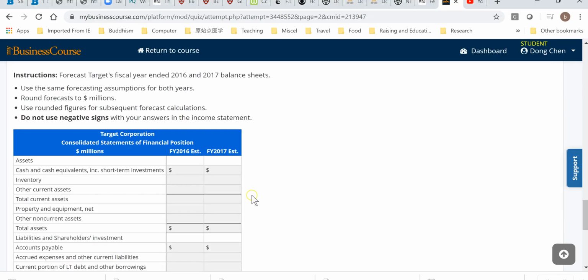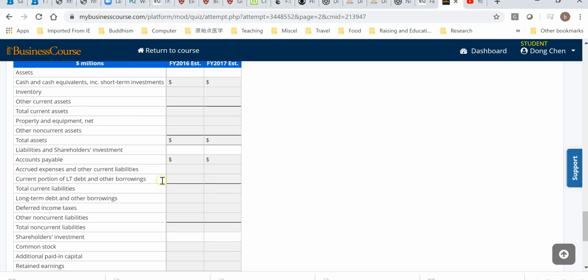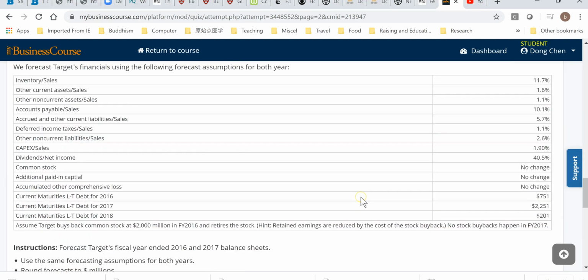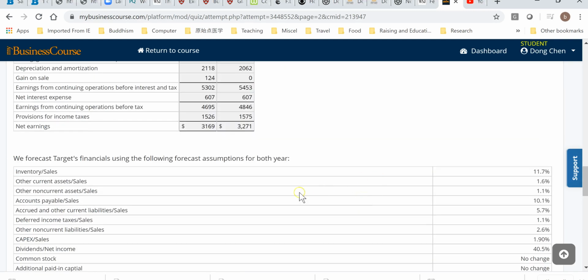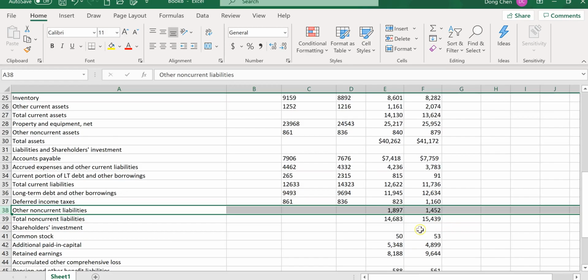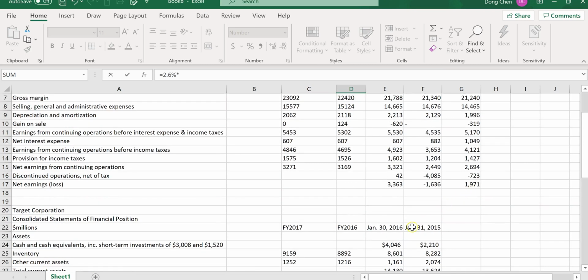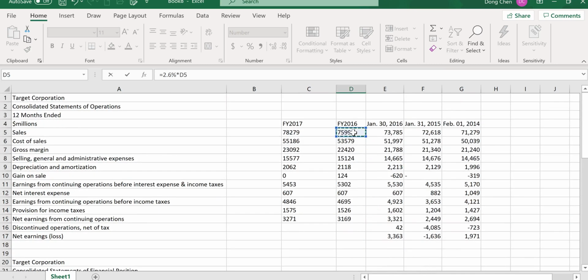So let's double check. Yes. So other non-current liabilities divided by sales will be 2.6%. So this will be 2.6% times forecasted sales.